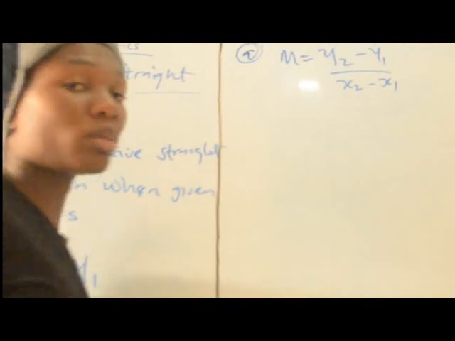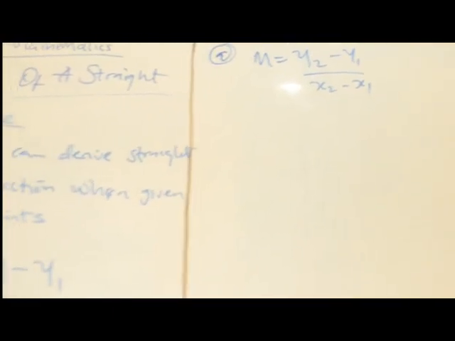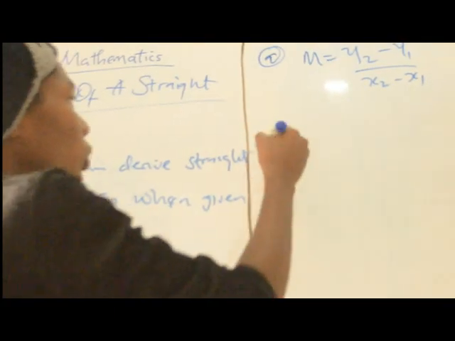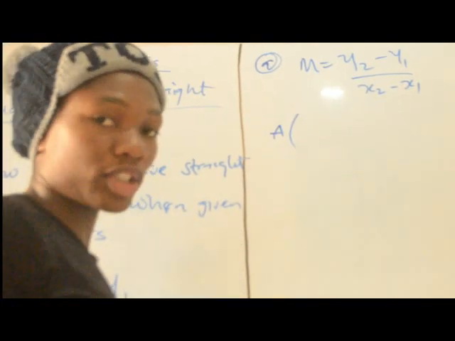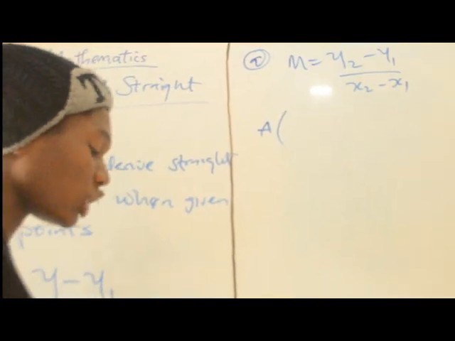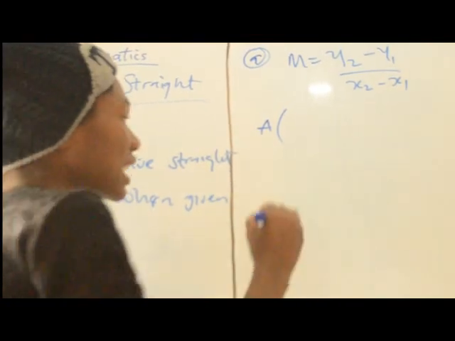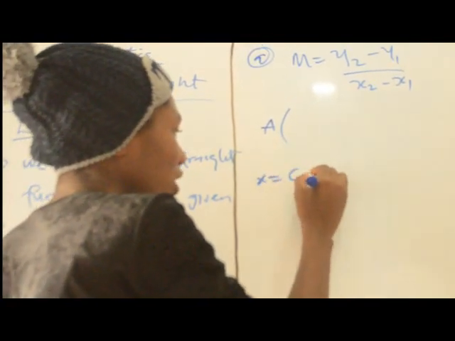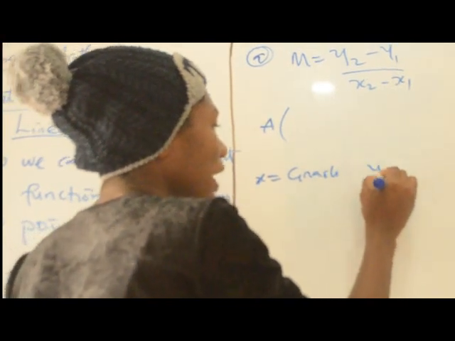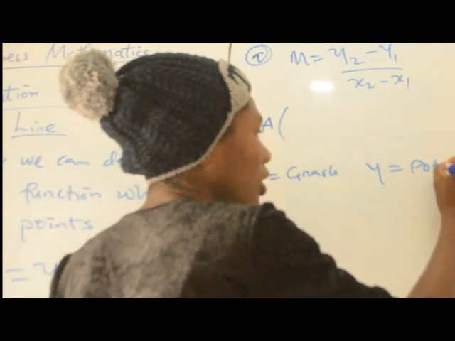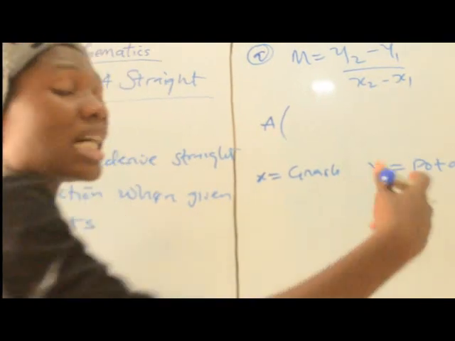This is our formula for finding gradient. Let me quickly state that we are given 2 points. From our equation, x is equal to nash and y is equal to potash. So we'll be substituting that quickly.